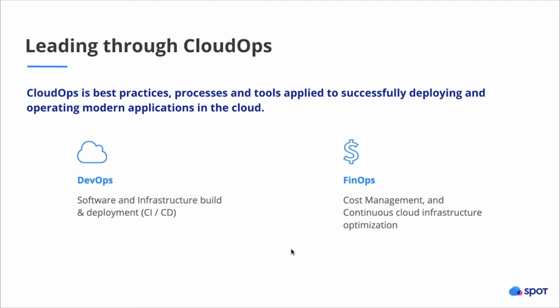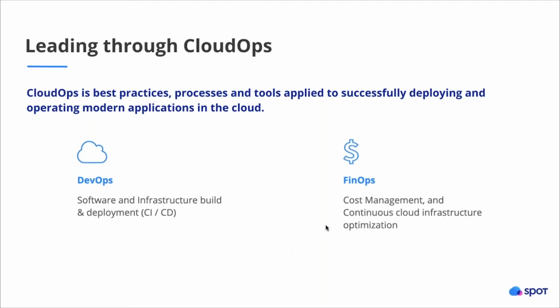The first one is DevOps, which is the one we're focusing a bit more on today, which is really the entire world of software and infrastructure build and deployment. So this is what your engineers are doing when they want to deploy software into the field. They use tools like Jenkins, like GitLab. They use monitoring tools like Datadog, like New Relic.